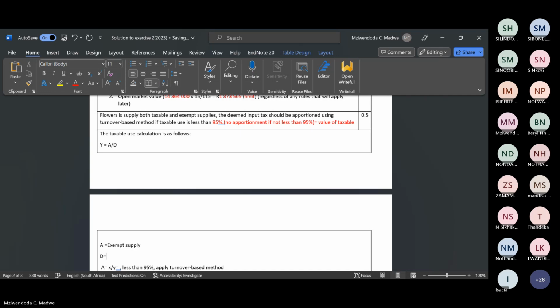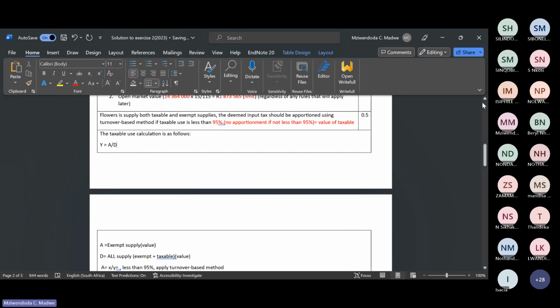D is equal to all supply, which means exempt plus taxable. So this is your D. In this formula you will have the value of exempt supply and the value of all supply. If you take this, divide by this, you get a rate.